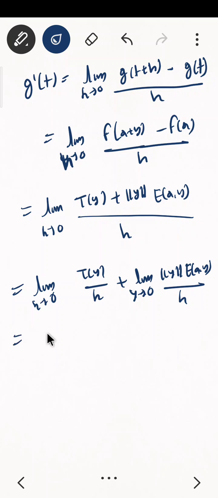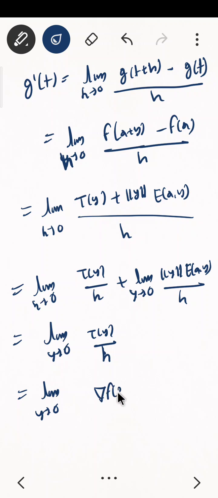So what is that? This is gone, as you know this guy goes to 0, correct. And here you will be having limit y tending to 0 of T of y upon h. And what is T of y? This is limit y tending to 0 of delta f of e into y upon h, correct.